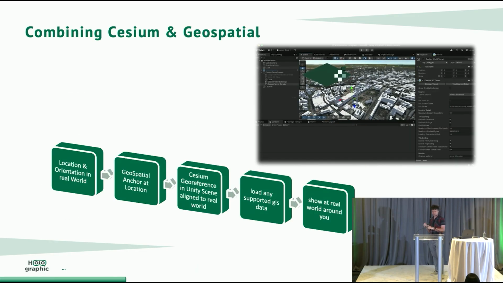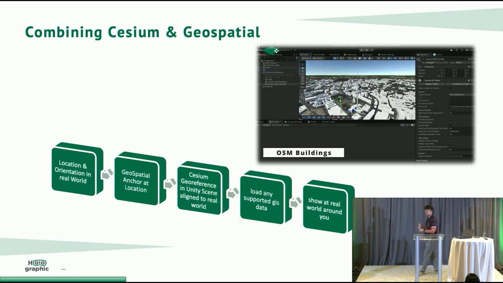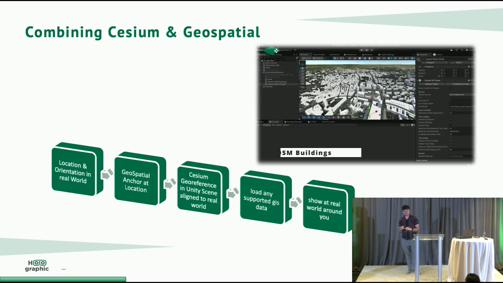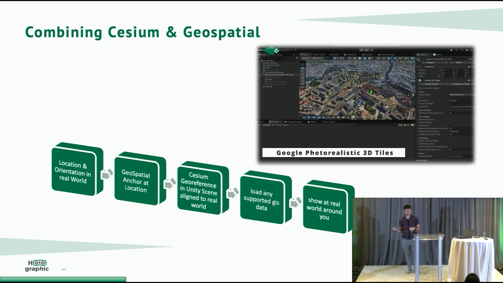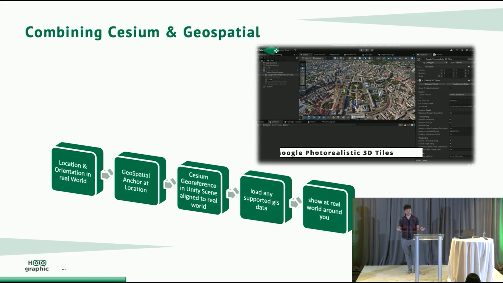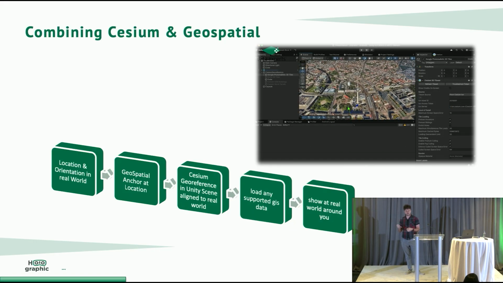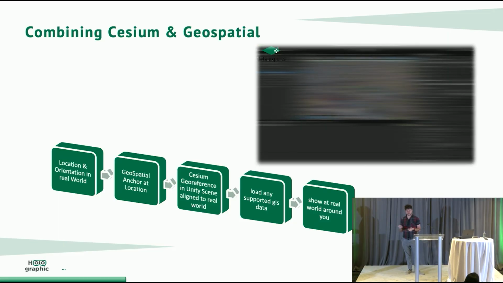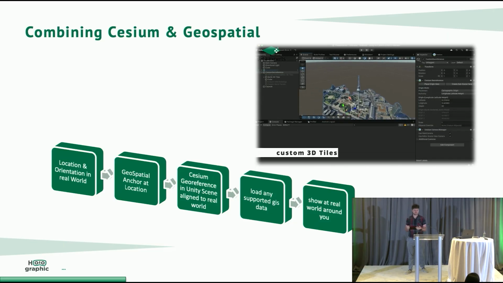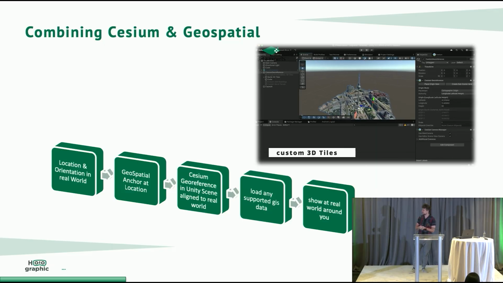Okay, so we have our location and orientation in the world, and we can put a geospatial anchor. Cesium has basically the same, but Google Geospatial API has it also. Place it where we are, and then add our Cesium georeference with the same location at this anchor.